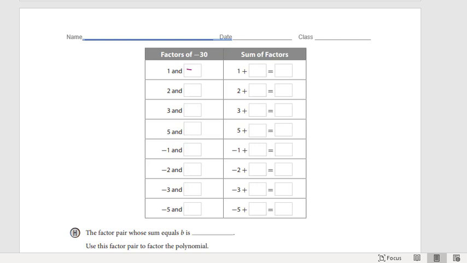So we could have 1 times negative 30. 1 plus negative 30 is negative 29. Nope. 2 and negative 15. 2 plus negative 15 is negative 13. That won't work because we're looking for positive 13. 3 and negative 10. 3 plus negative 10 is negative 7.